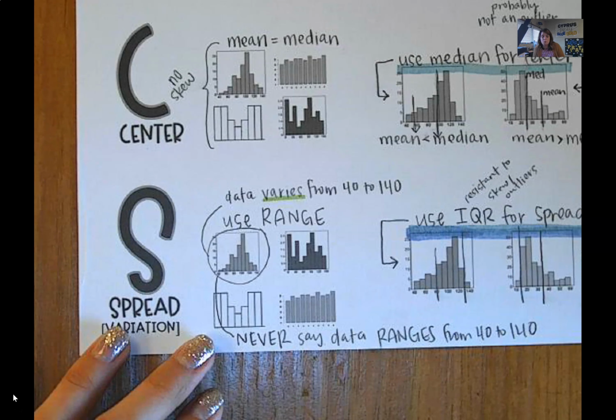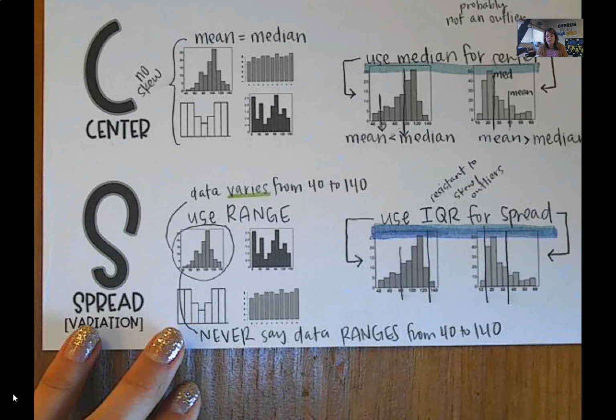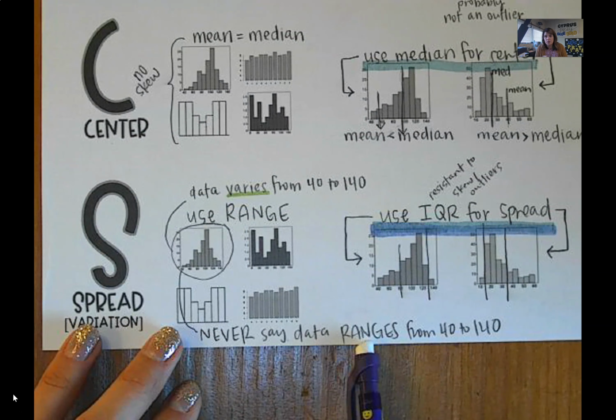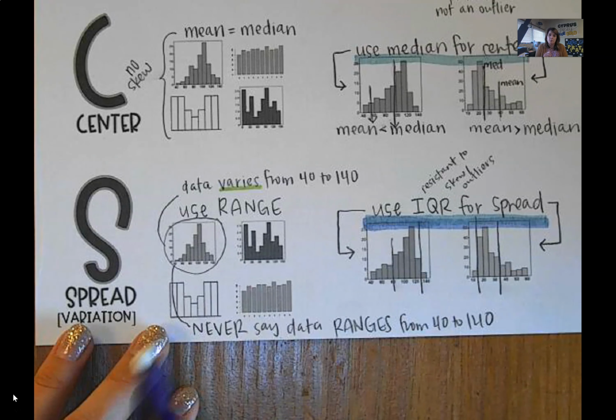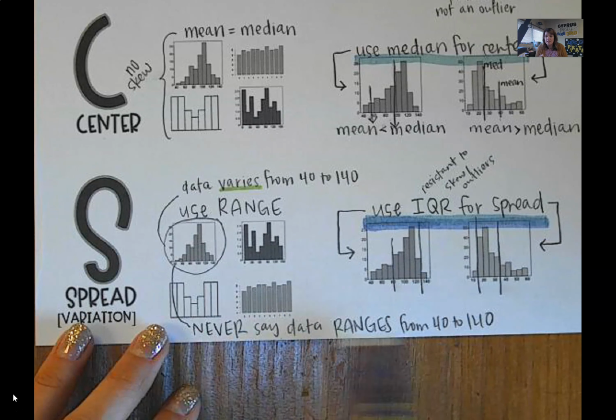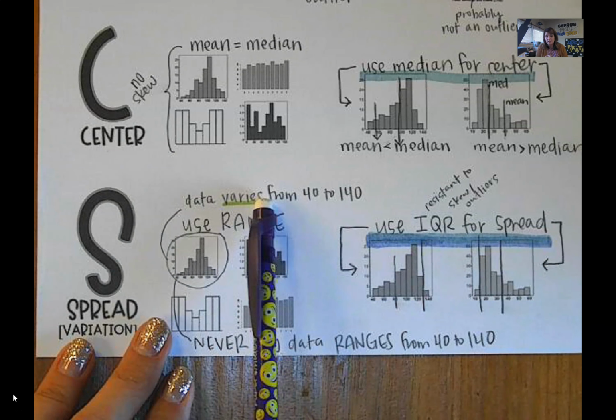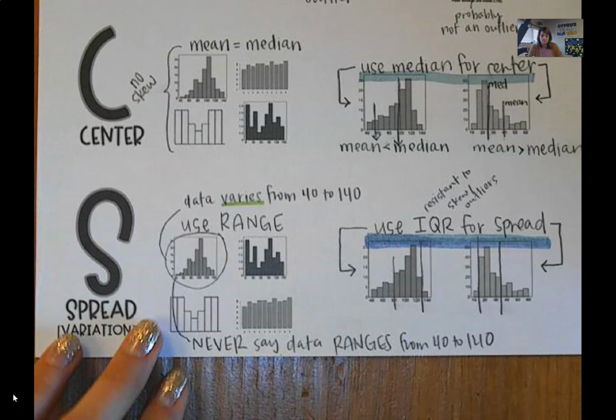You will lose points. You will not get full credit if you use the word range, because range is very specifically the distance between your minimum and your maximum. So you never want to say the data ranges from 40 to 140. You want to say the data varies from 40 to 140.